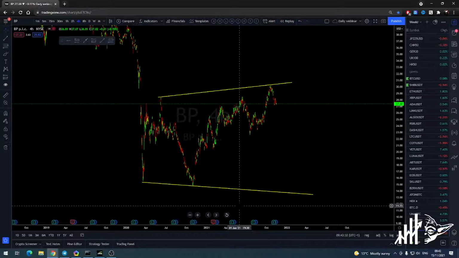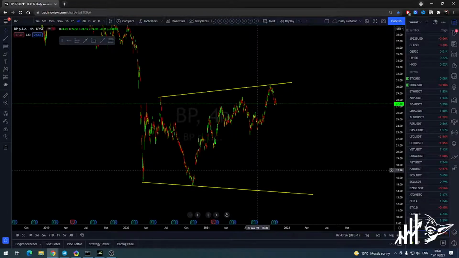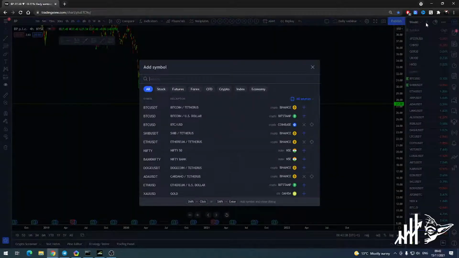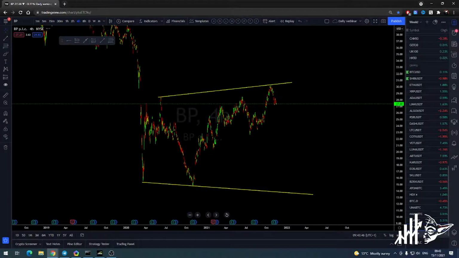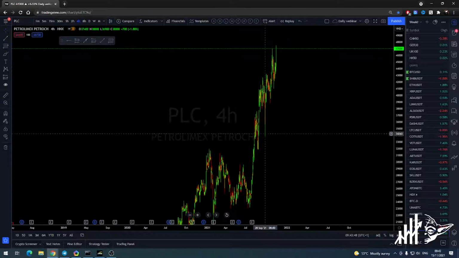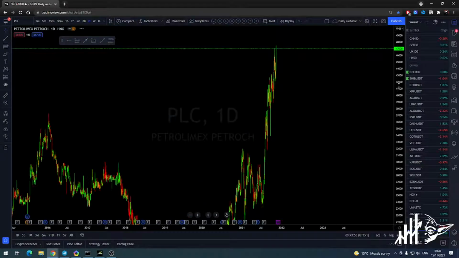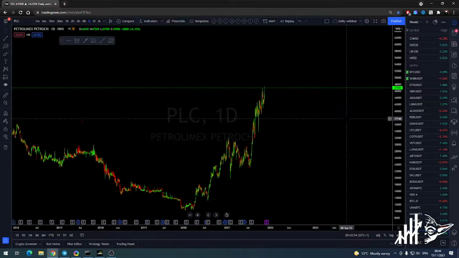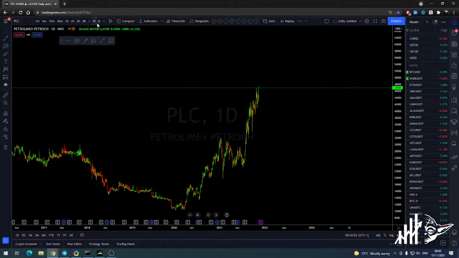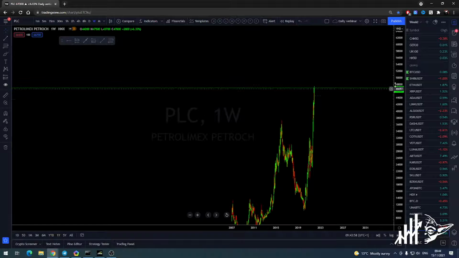And the other one is PLC. Let me just add that for you. PLC. Is this one? I think it's this one. If this is not the chart, correct me. I'm watching those stocks for the first time. So PLC, what is it doing?